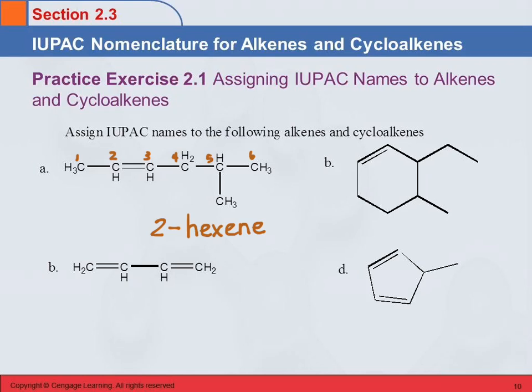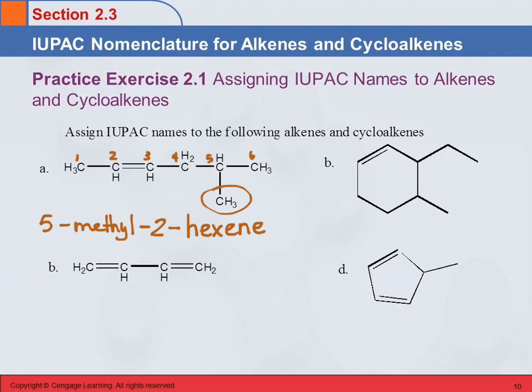Then the substituent is this one right here, which is methyl. That goes in front, and we always separate numbers and letters with a hyphen. The methyl is on carbon 5. So that's 5-methyl-2-hexene. Isn't this fun?